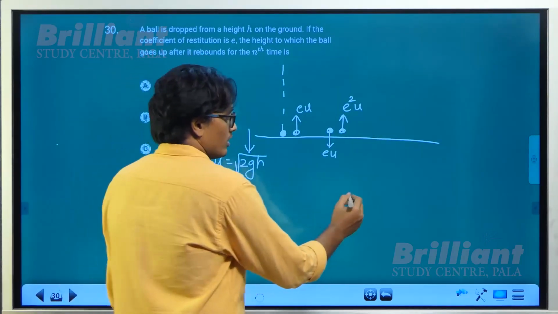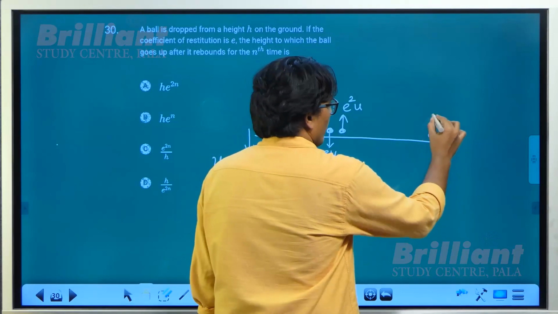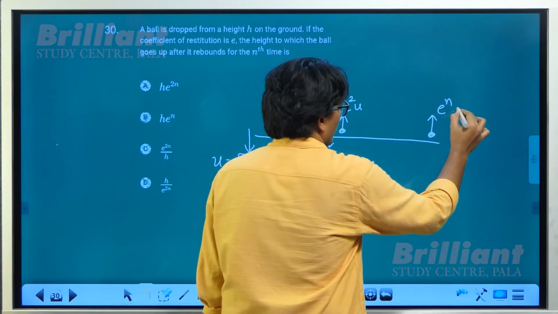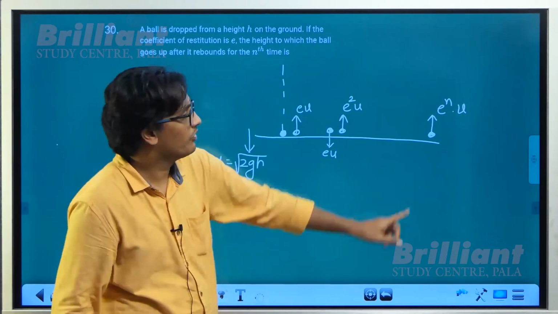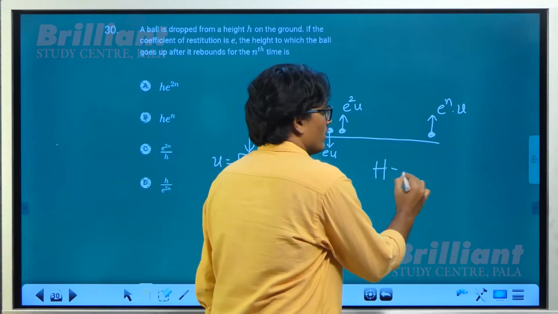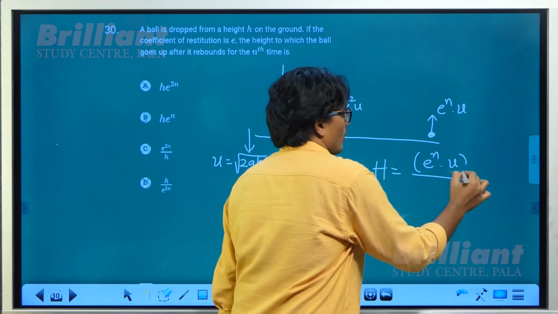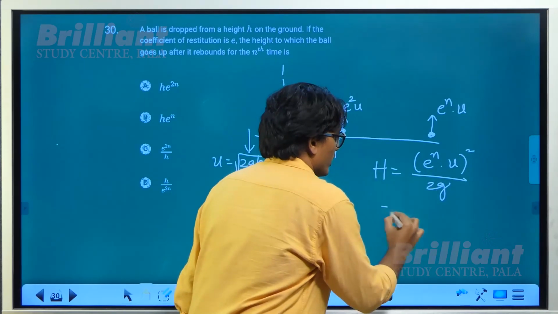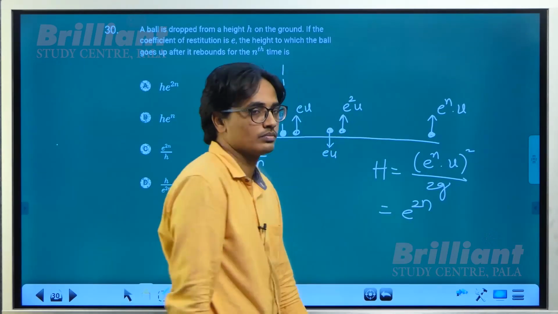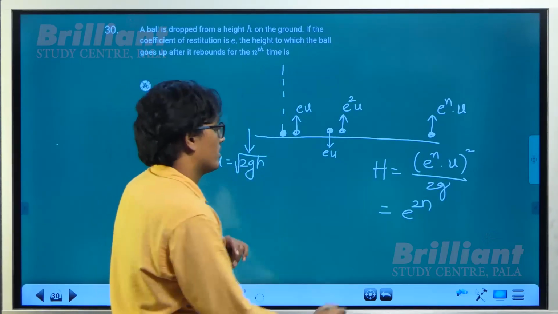Similarly after nth collision, its velocity will be E power n into U. If this is the velocity, then maximum height will be U square by 2g. So you'll get it as E power 2n times U square by 2g, which is h.